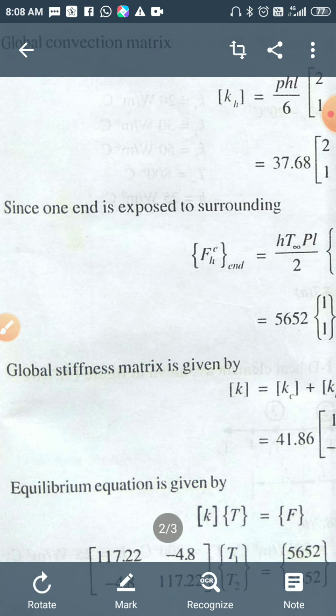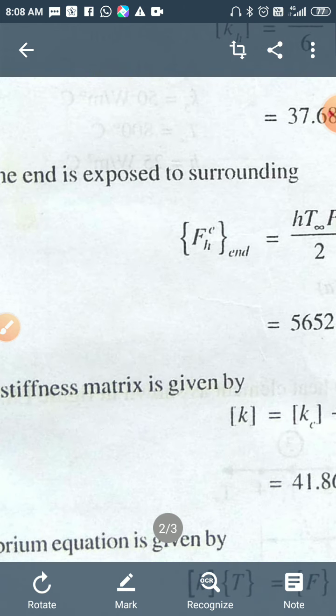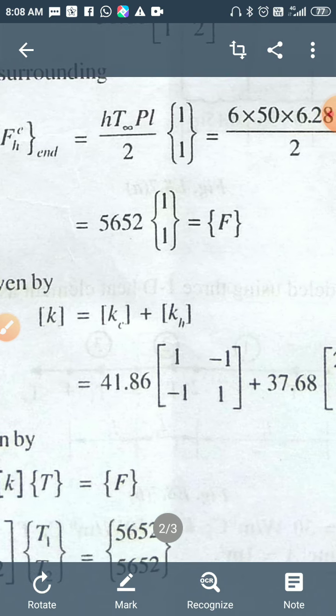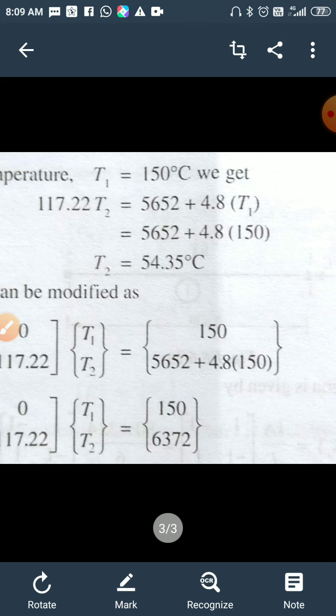Once we have the global stiffness matrix, we substitute it in the equilibrium equation, K T is equal to F. This formula is similar to the bar element, K q is equal to F. Here T is the temperature vector, K is the equilibrium stiffness matrix, and F is the force vector. Just substitute the values of the stiffness matrix, temperature vector and force vector.